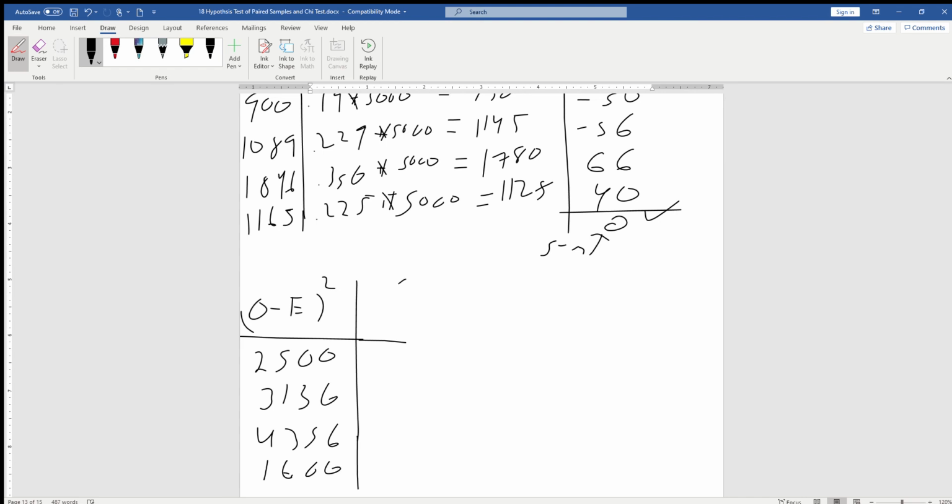And then finally, to finish off our chart, the last column we need is O minus E squared divided by E. So if we go through and do that, I'll just write the first one out. That'll be 2,500, and we're going to divide that by the first E, which was 950.